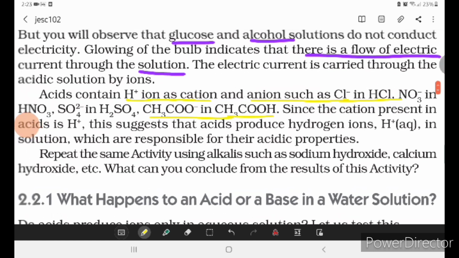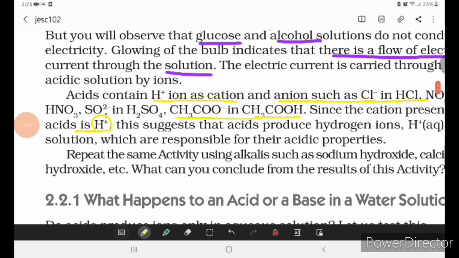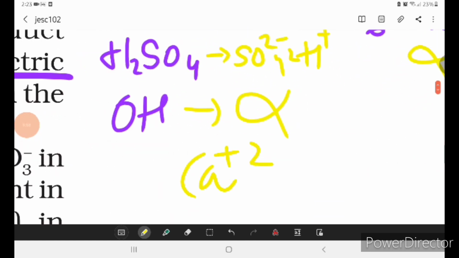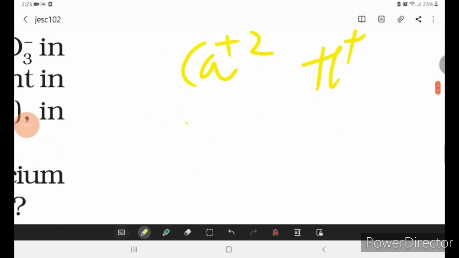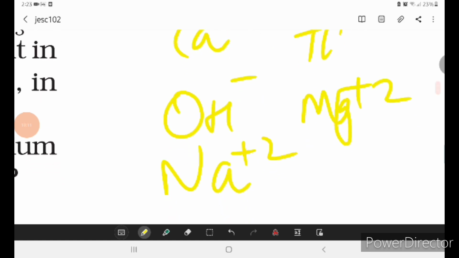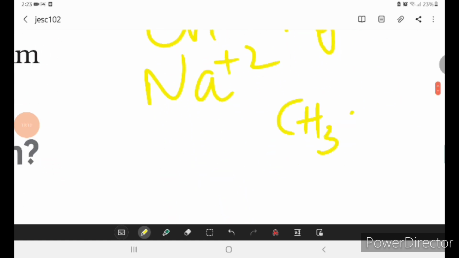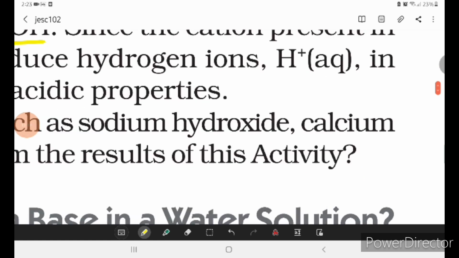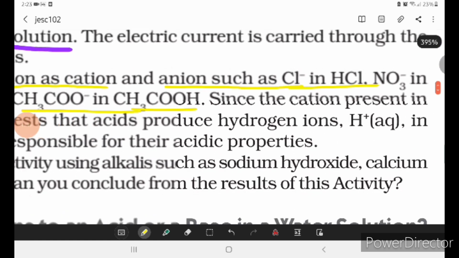H plus is a cation, Ca 2 plus is a cation, OH minus is an anion, Mg 2 plus is a cation, Na plus is a cation, CH3COO minus is an anion. So cations and anions together form the ions.